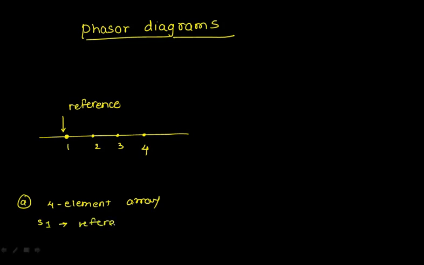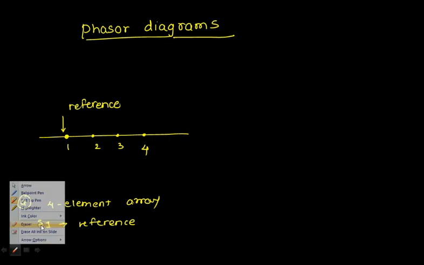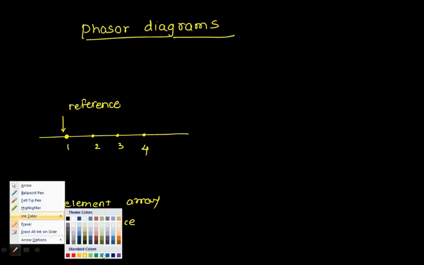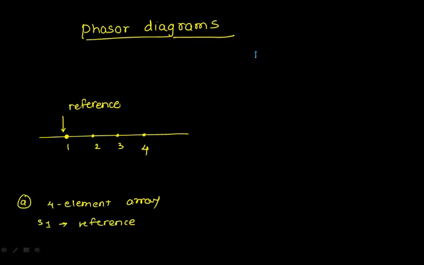Now if I consider the phasors of individual elements, here my source 1 is the reference, so my source 1 will be here.